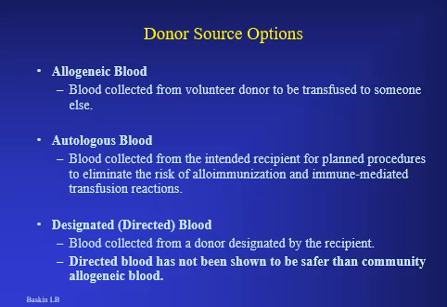So allogeneic blood is still the most cost-effective option by far, and thus used most commonly.